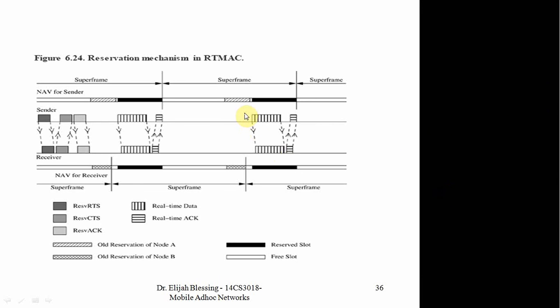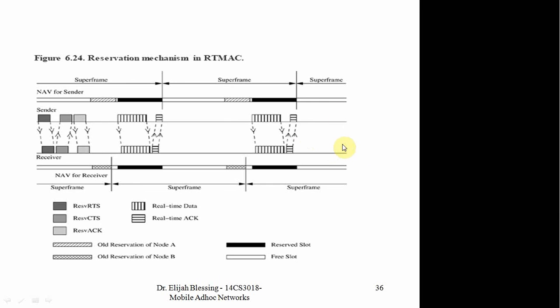So here it also maintains a reservation table. It also exchanges the reservation table data among all the nodes to ensure that the hidden node problem is solved, and so on and so forth. So when you look at this super frame, what do you guess?